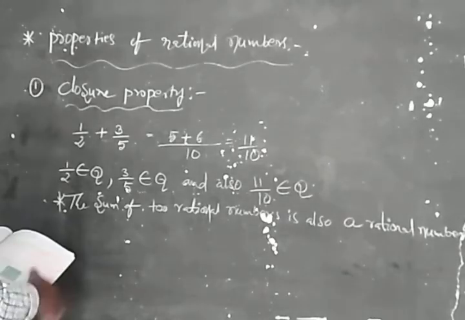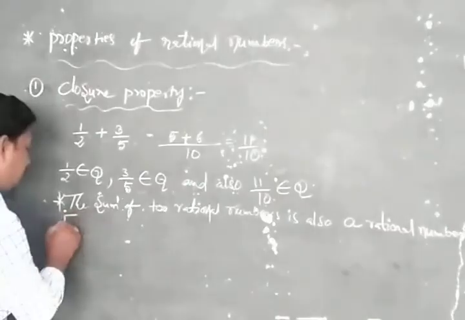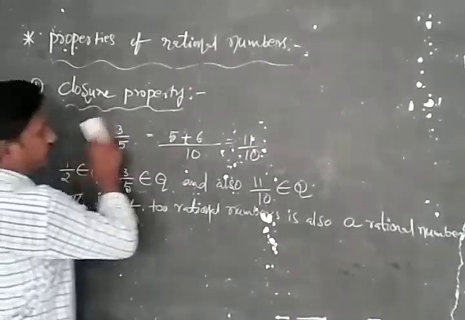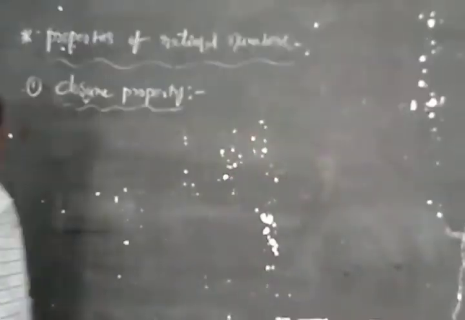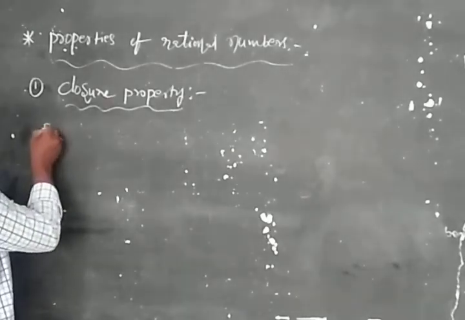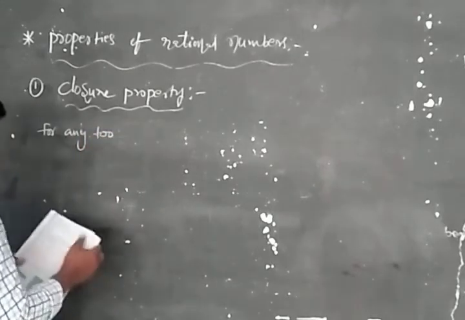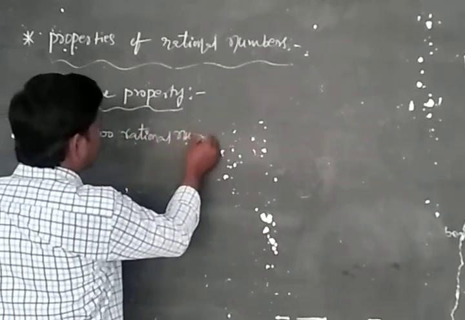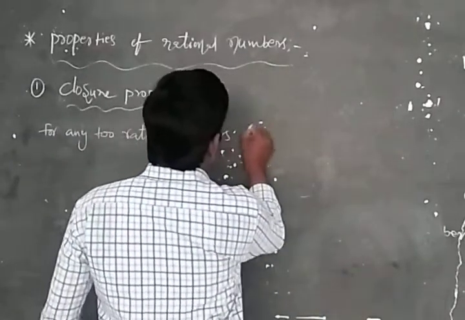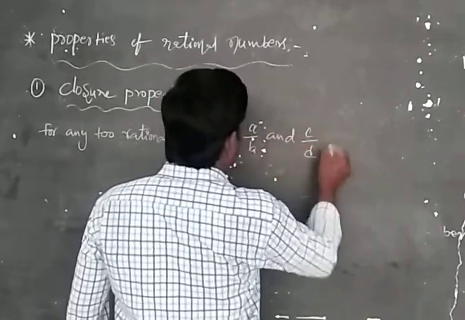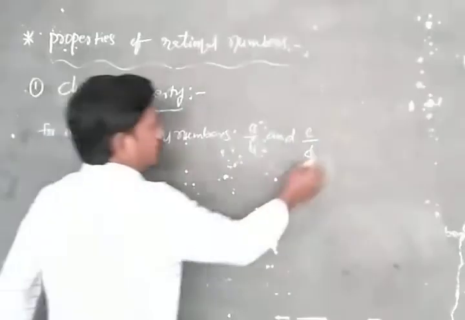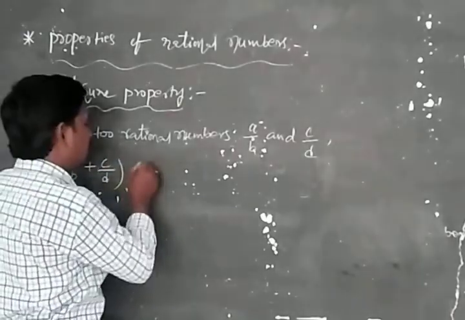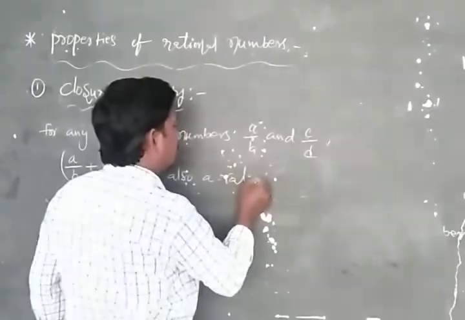And we have to conclude that for any two rational numbers A by B and C by D, A by B plus C by D is also a rational number.